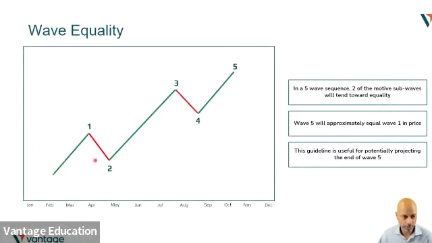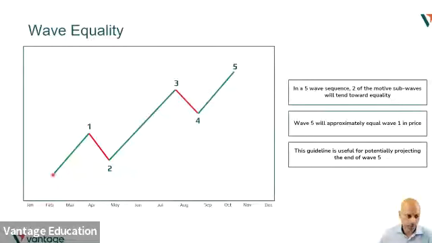The length of the corrective waves for two and four typically will have an equal pullback, and also wave five will be approximately equal to wave one in price as well. So the move that you see here, from the starting point to wave one, typically wave five will at least match this initial move.